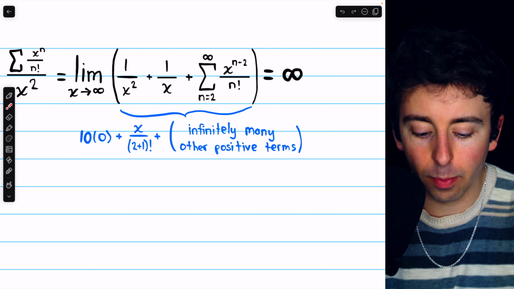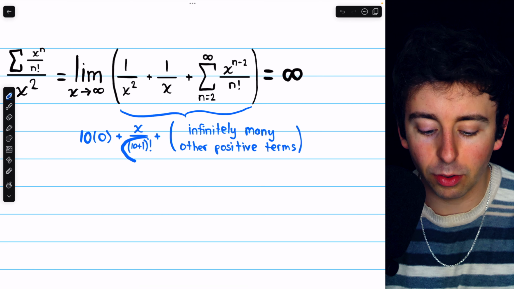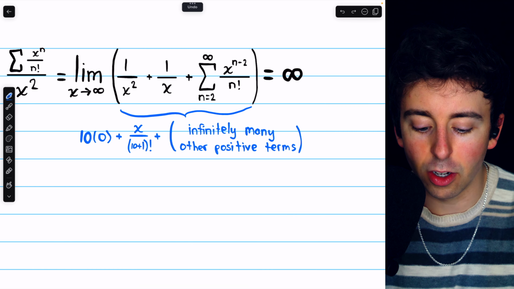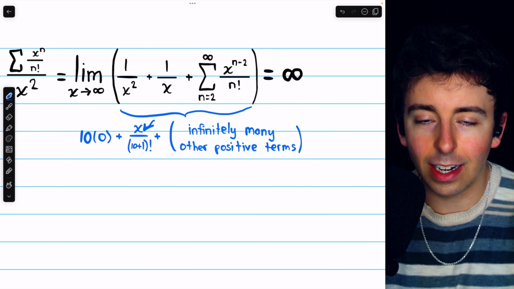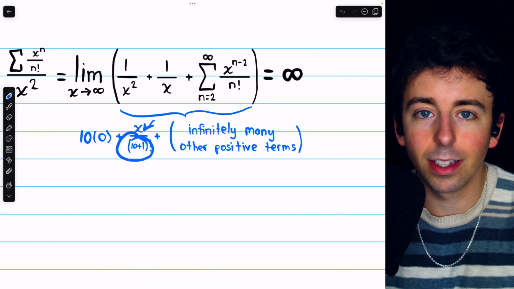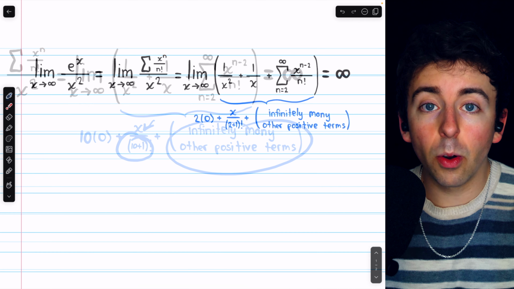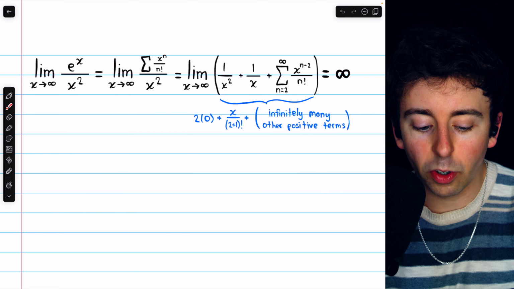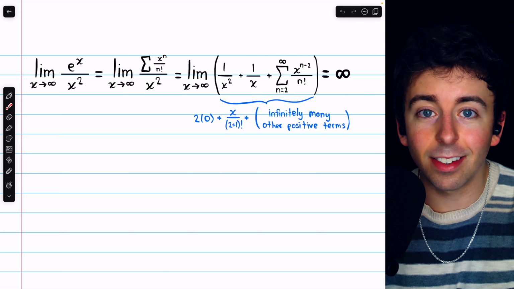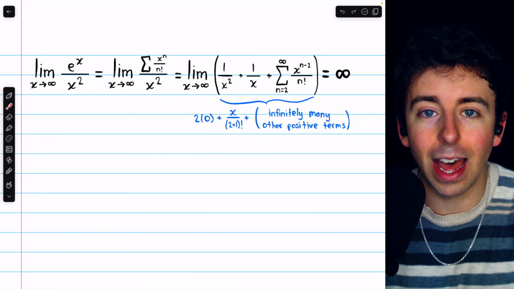But then the next term would be the 10 plus 1th term, and we'd have 10 plus 1 factorial in this denominator, and again we'd get x in the numerator, and we would have x getting arbitrarily large, divided by some fixed integer in the denominator, plus infinitely many other positive terms. So indeed, the limit of e to the x over x squared as x goes to infinity is infinity. And this is the behavior of the series no matter what that power of x is.